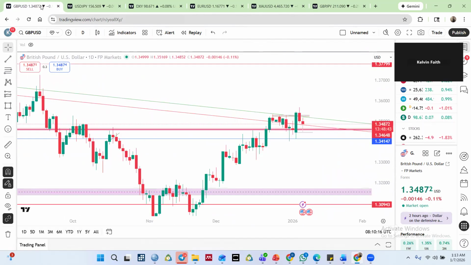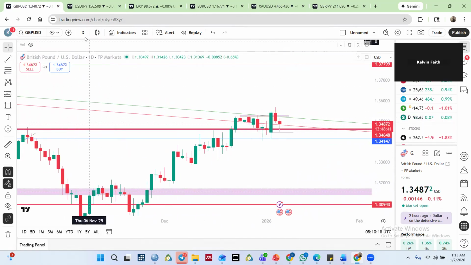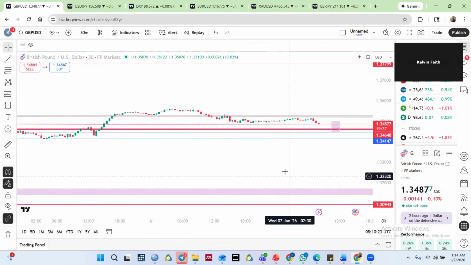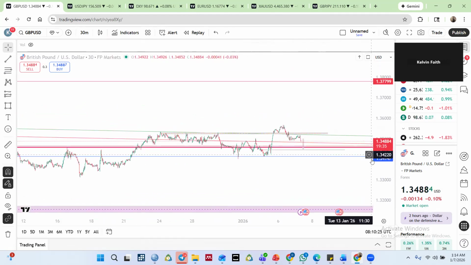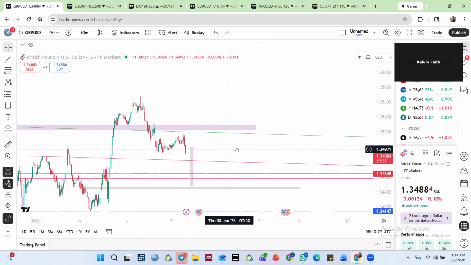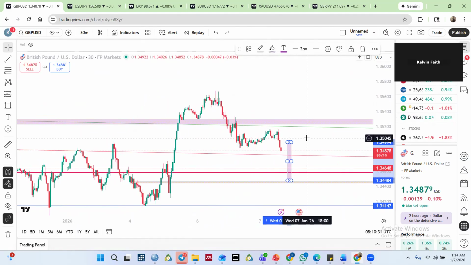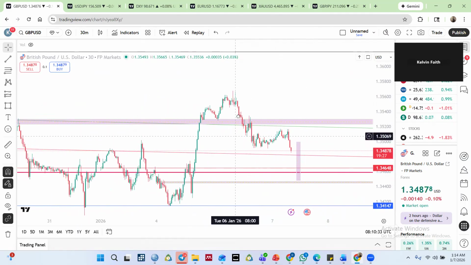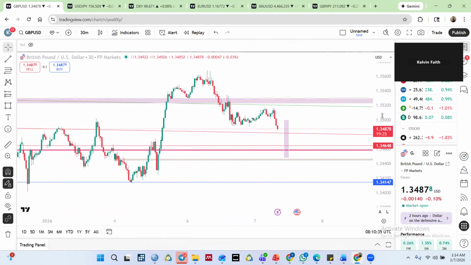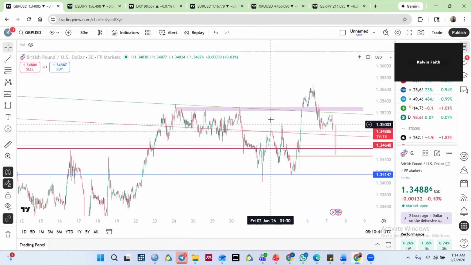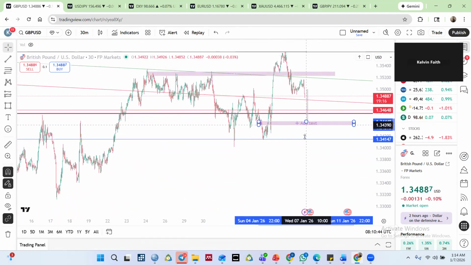Okay. And GBPUSD should also be bearish because everyone is bearish. USDJPY should also be bearish. It's just simple like that. And this is going to be funny because if it's dropping, then it's going to really drop.